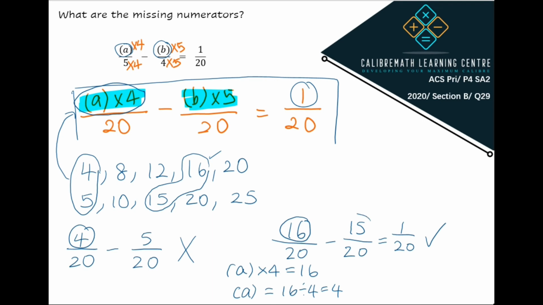By doing the same thing for B, we know that B multiplied by 5 gives you 15. And so by working backwards, we will be able to get the answer for B to be 3 by using 15 divided by 5. So that's how you can work backwards and get the original answers for A and B without using guess and check.